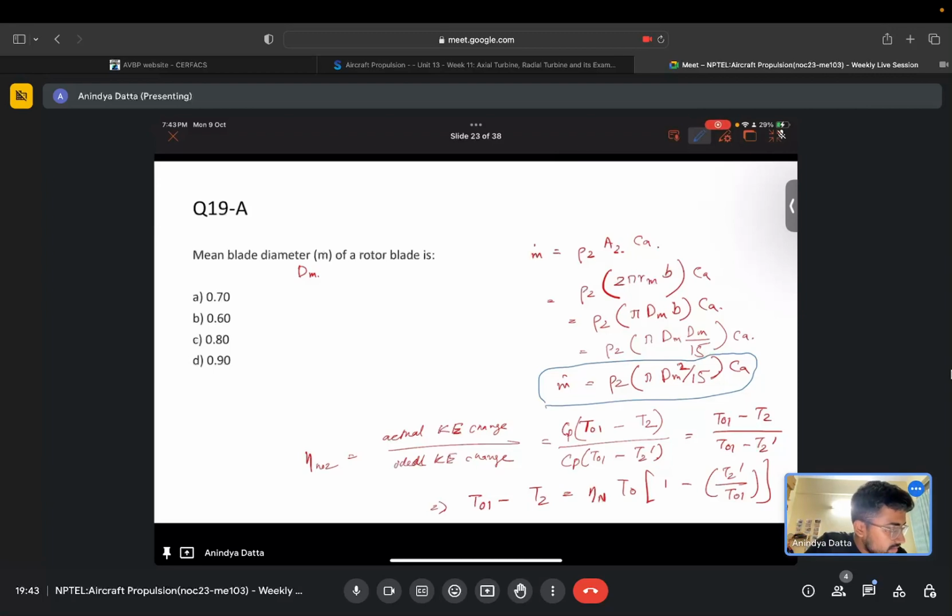To find dm we know m dot, and we have to find rho 2, which we can find from the ideal gas equation if you know the static temperature and static pressure. We know P2 and T2 now, so we can find rho 2, and we have to find Ca, which is the axial flow velocity.